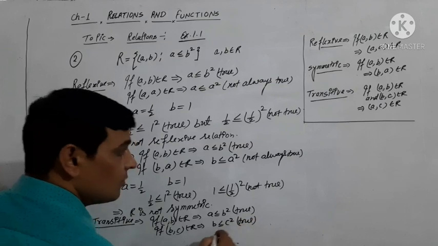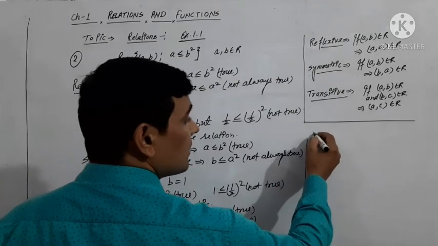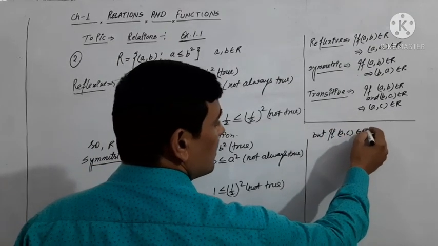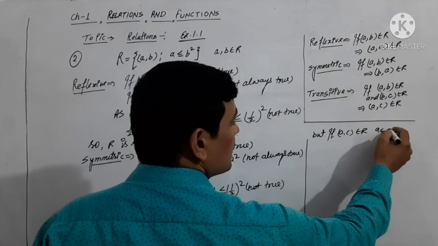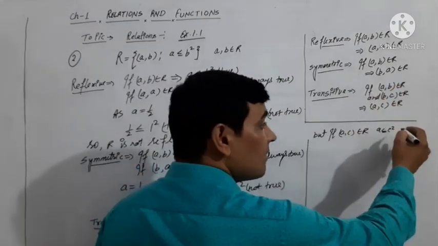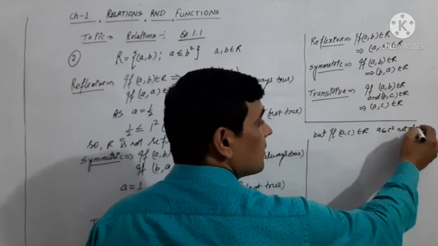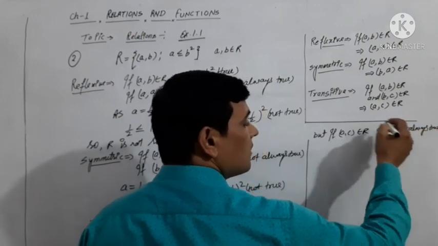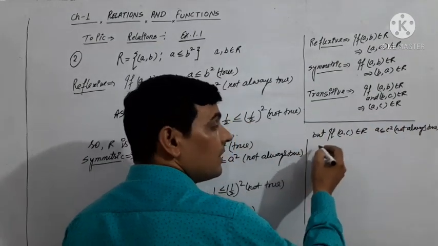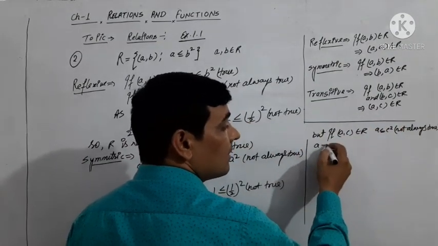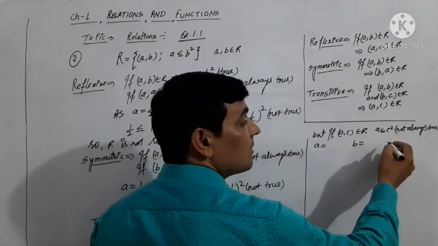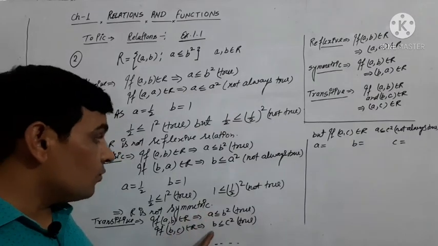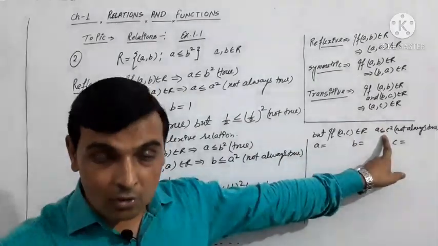This is also true. But if a comma c belongs to R, then a is less than or equal to c squared. This is not always true. Why is this not always true? Again we are taking an example. Now we have to take 3 values from real numbers for which the first 2 conditions should be true and the third condition should not be true.